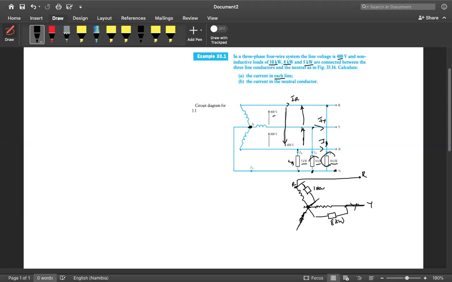Then here I have B, and between the B and the neutral point N, I connect a load again, and that load is this 5 kilowatt here.